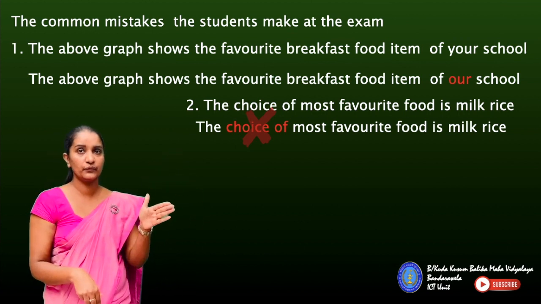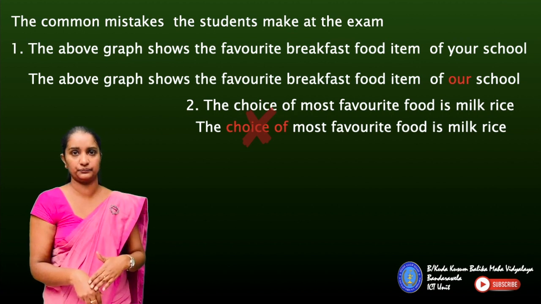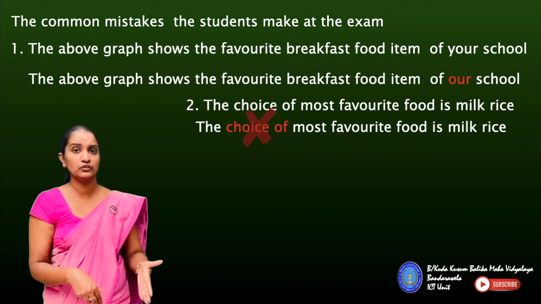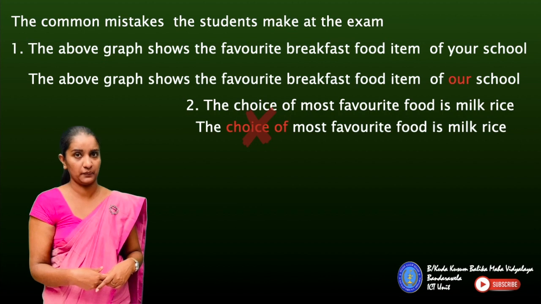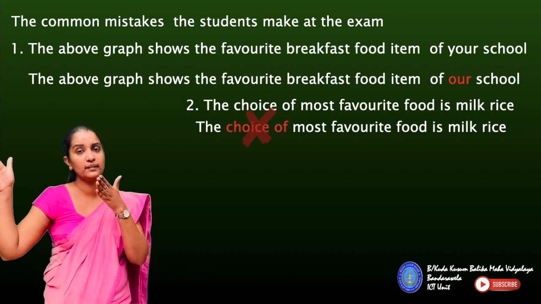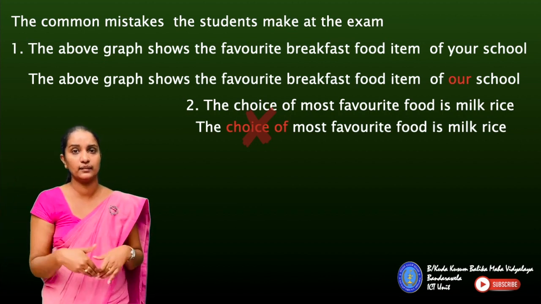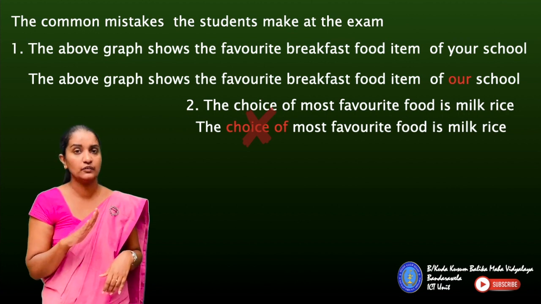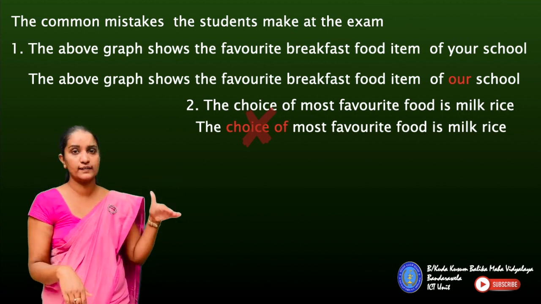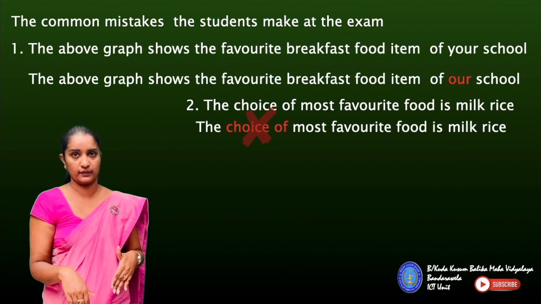The most favorite food is milk rice. But what most of you do in the exam is copy the same thing that you can see in the title. It is wrong. Don't do that. You have to select the necessary part.